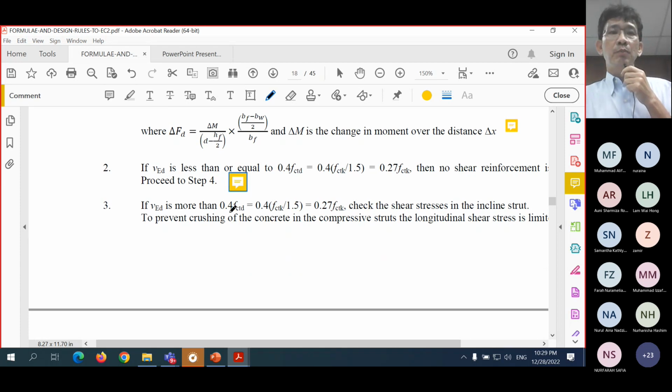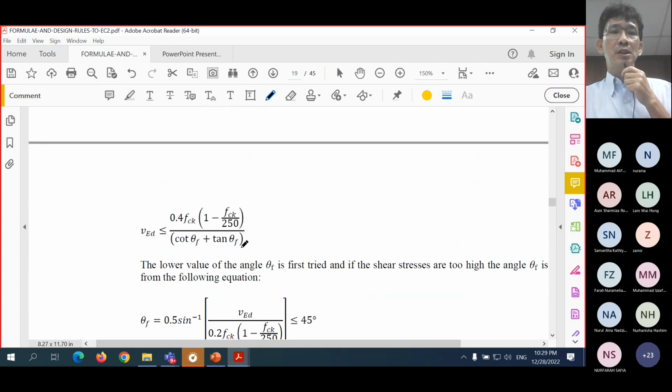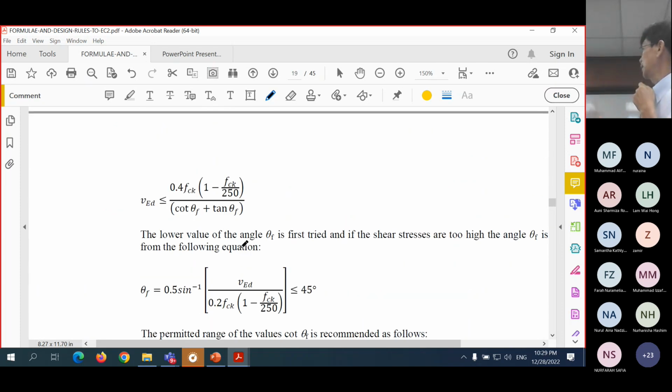If it is more than this, then we have to check using this formula, and we have to find this theta f. For theta f we have to do trial and error. We check the minimum value of theta f. If VED is more than that, then we have to calculate the actual theta f.